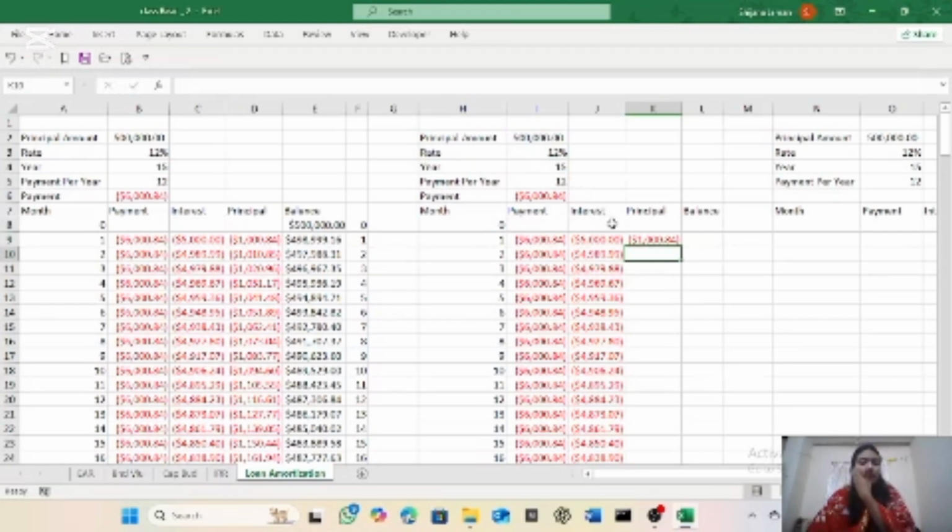Our principal of the first month is 1000.84 and it is a minus figure. We have to freeze it.